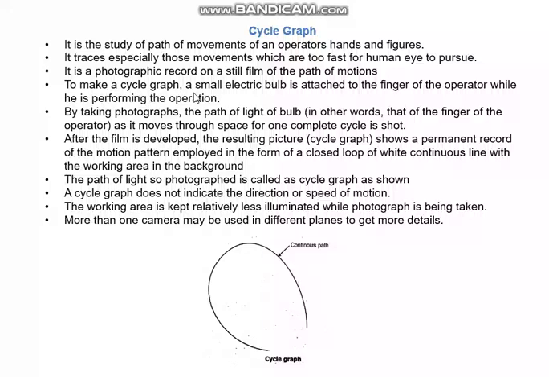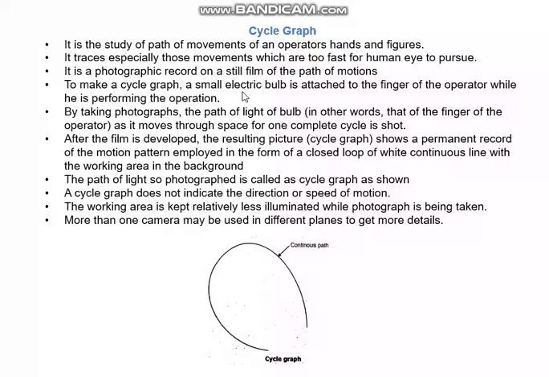To make the cycle graph, a small electric bulb is attached to the finger of the operator while he is performing the operation. You see, he is working on a machine or on a workstation, and his actions may be very fast. Sometimes they work so fast that our naked eye cannot see how many times the hand is moving.